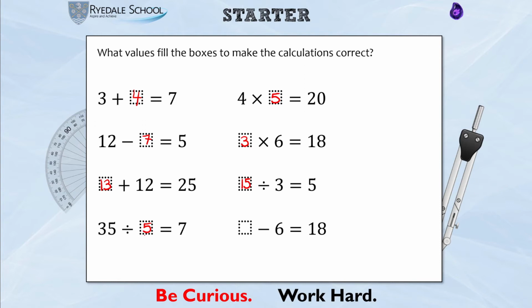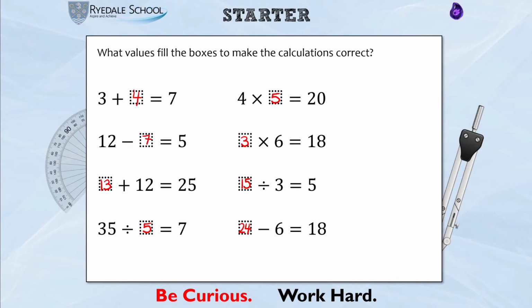That is 35 divided by 5. And finally, some number take away 6 equals 18. Well, if I subtract 6 from 24, the answer is 18.